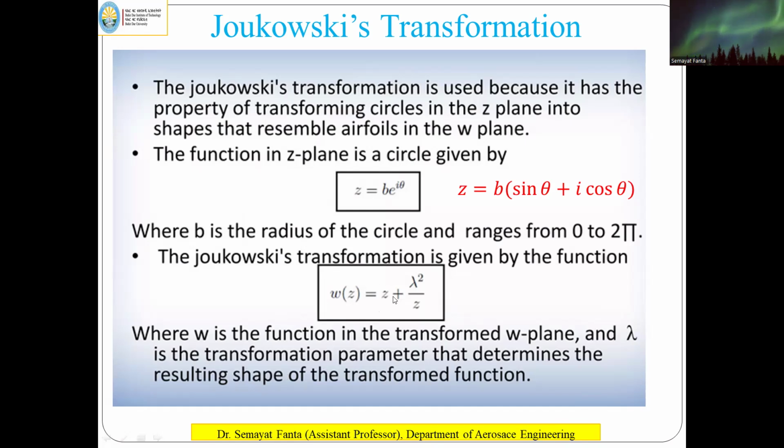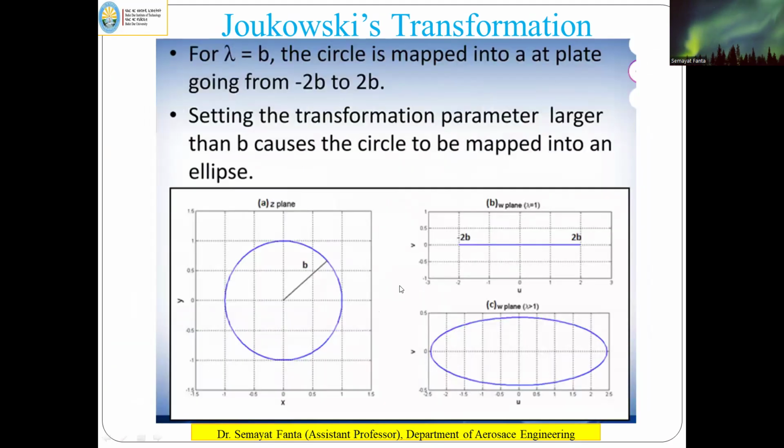For lambda equal to b, the circle is mapped into a plate going from minus 2b to 2b. For example, here it is just a plate. If lambda is equal to b, this is the XY plane or Z plane, and this is the W plane.